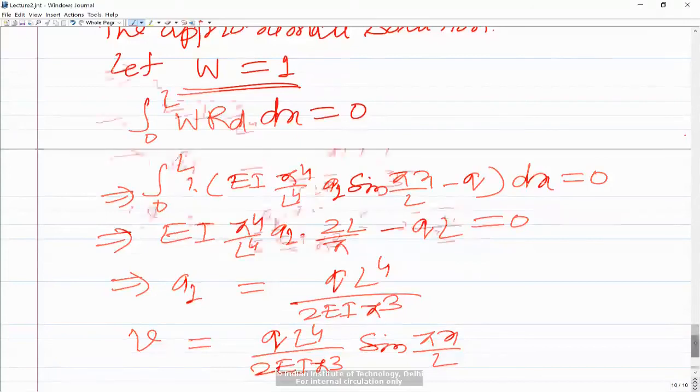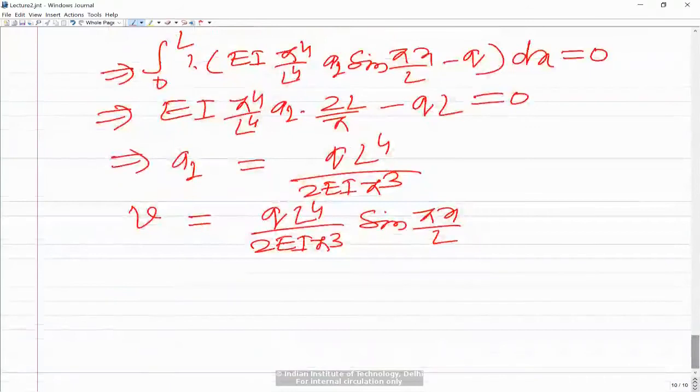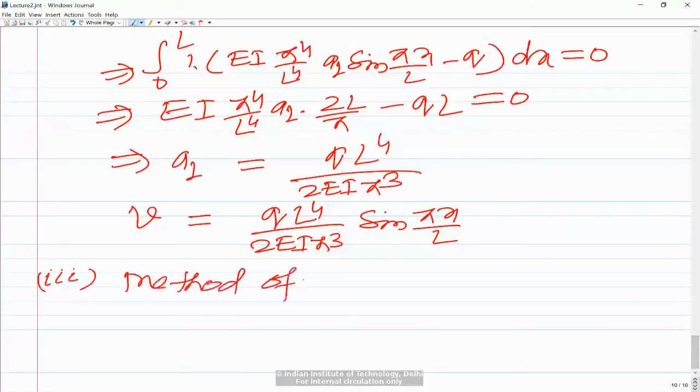The third weighted integral method is known as the method of least squares.